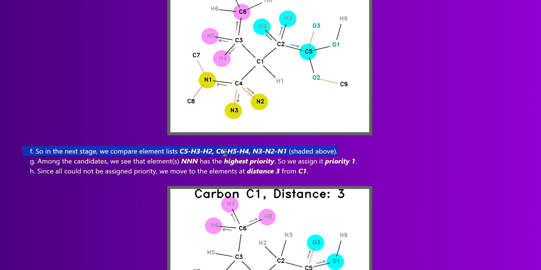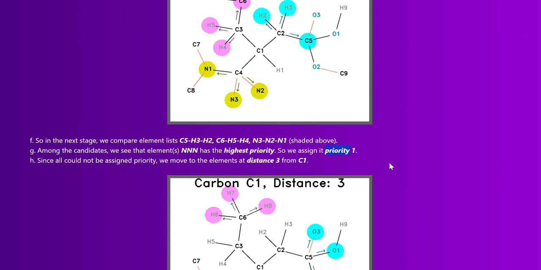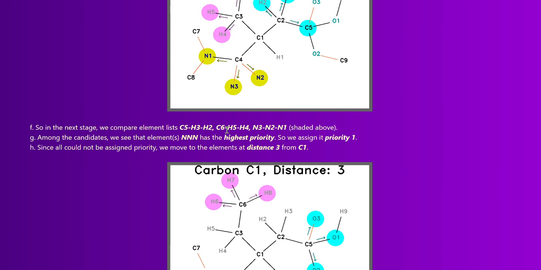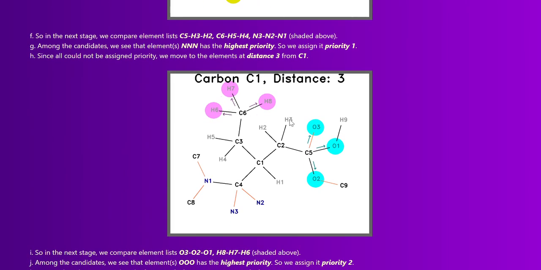So it compares these three lists to get the priorities. N has the highest priority because nitrogen has a higher atomic number than carbon, so it assigns it priority 1. But for the other ones, CHH and CHH, we could not break a tie between these two, so it moves to distance 3 for these.